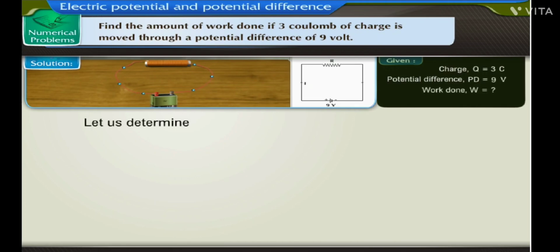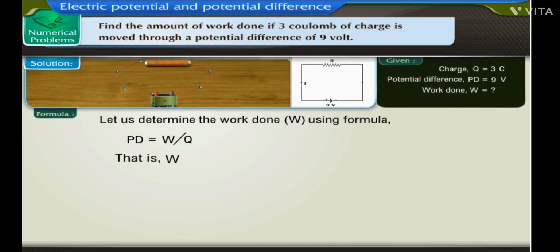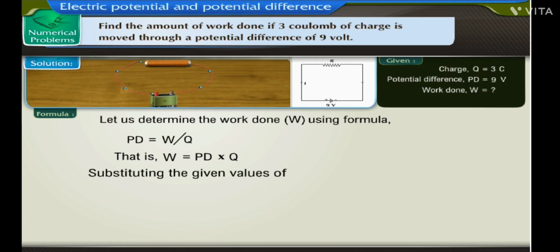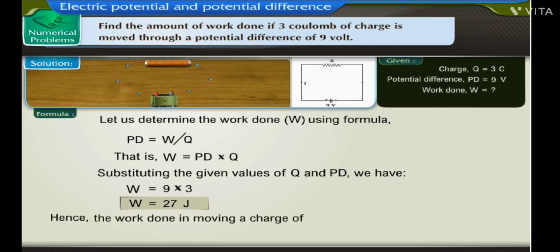Let us determine the work done W using formula PD is equal to W upon Q. Therefore, W is equal to PD multiplied by Q. Substituting the given values of Q and PD, we have W is equal to 9 multiplied by 3. W is equal to 27 joule. Therefore, the work done in moving a charge of 3 coulombs through a potential difference of 9 volt is 27 joule.